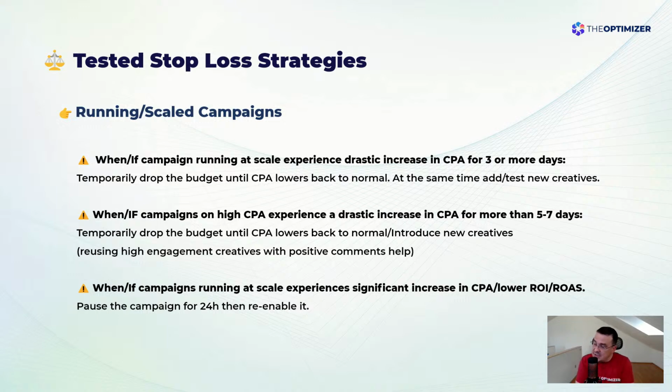The situation is like this: you have an average high CPA offer that is fluctuating over time, and instead of killing the campaign, which you spent quite some good money to get stable, at the very moment that your campaign or your ad set goes into a rough period, instead of just adding new creatives, try to use one of those old creatives that maybe was paused or maybe is running on another campaign that has a lot of social proof, and people generally like to see what anyone else's experience is when buying a product or when trying to make a decision.